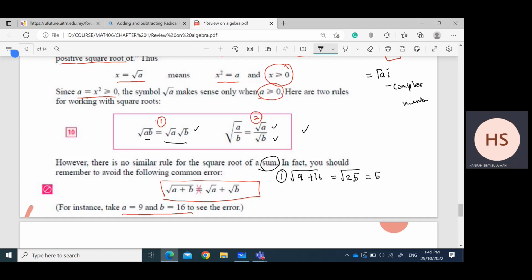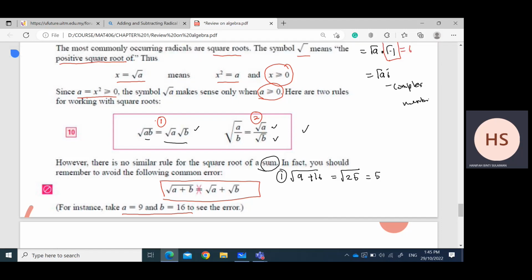If you use your calculator, you press the radical or square root symbol, then you press the number 25, and then you press the equal sign, and we will have 5. Okay, so this is the left hand side, which is the square root of A plus B.